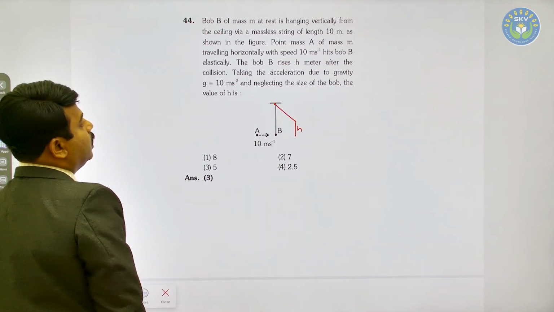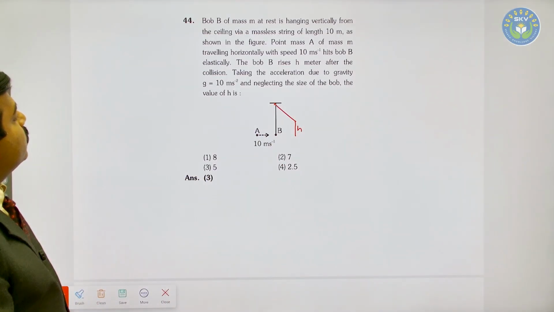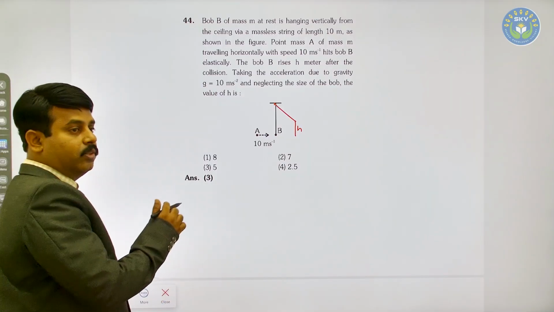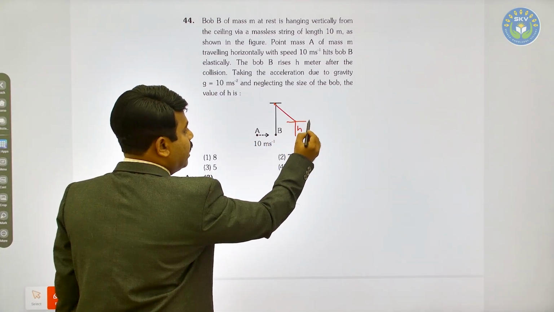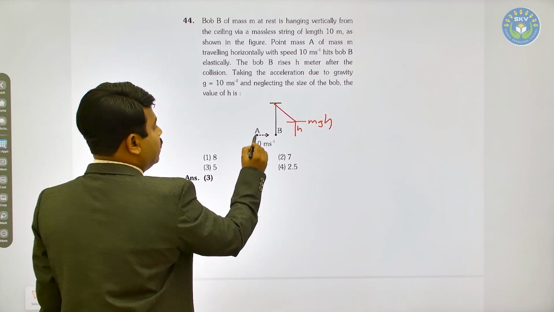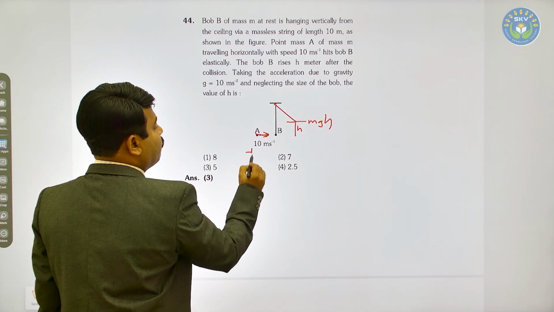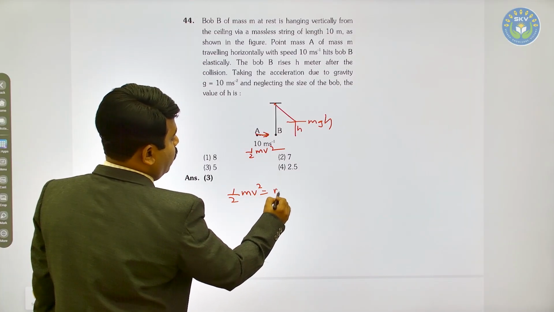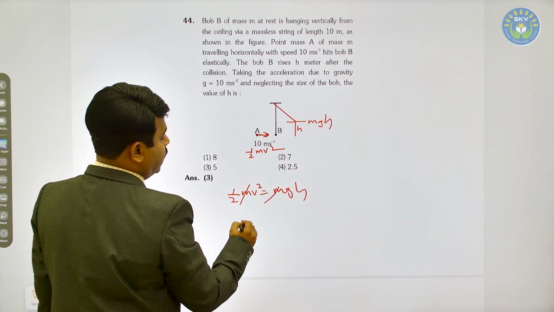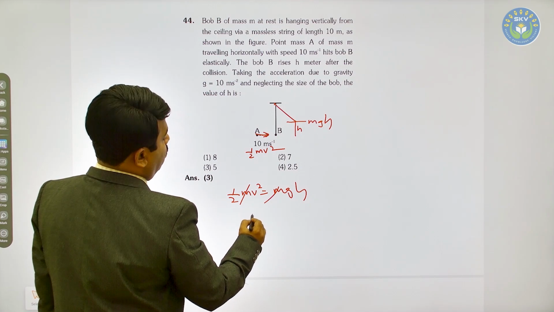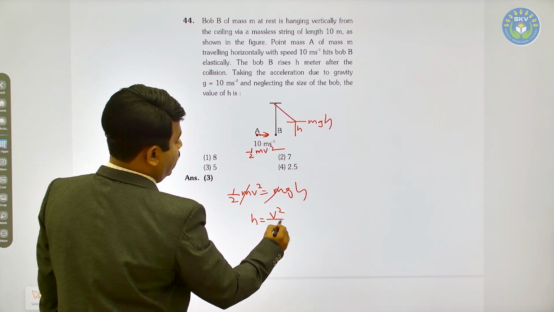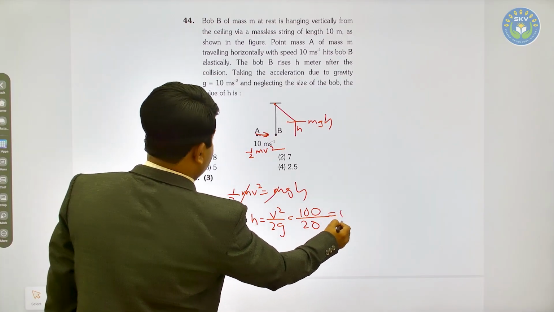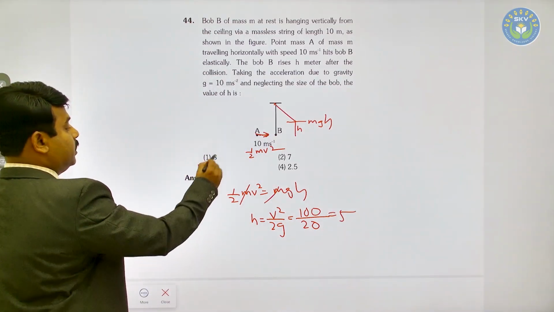Now, taking the acceleration due to gravity, and neglecting the size of the bulb, find the value of h. This is a direct question. After reaching a height, what energy does it have? mgh. What energy is converting? Here half mv square. By energy conservation, half mv square is equal to mgh. Mass cancels. We need to find the height value. Then v square by 2g, that is 100 divided by 20, that is 5. Right? Option 3 is correct.